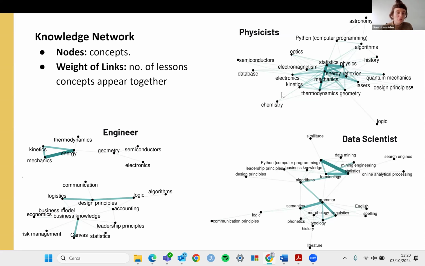The nodes represent the concepts, and two concepts are connected if they have been mentioned in the same class.